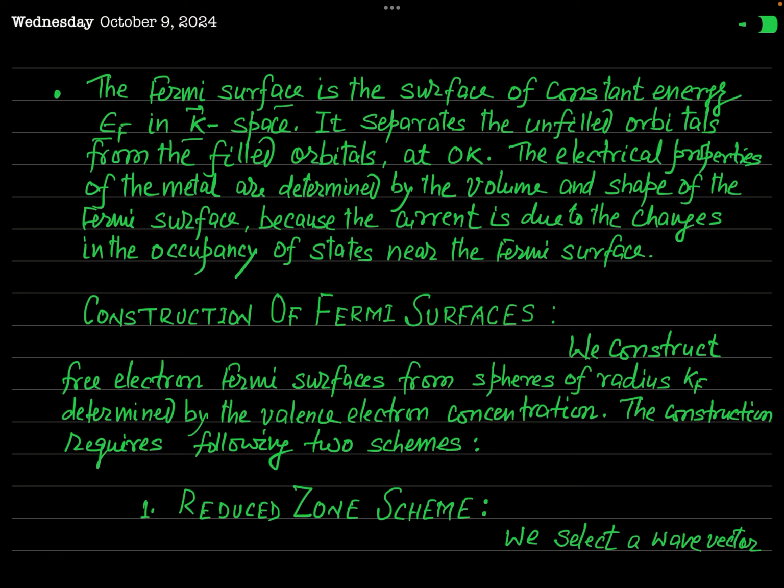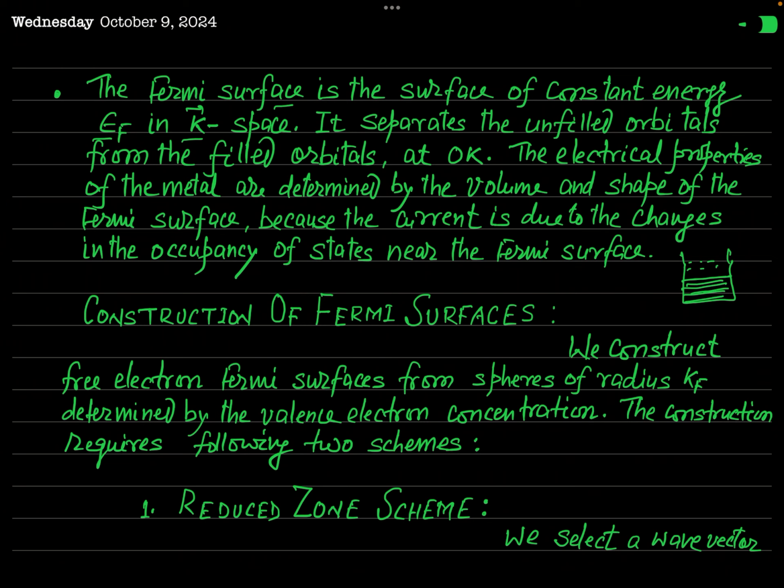Actually, when you talk about metals, in metals there are unfilled orbitals or unfilled energy levels. For example, if we schematically show a metallic specimen, below this level all the energy levels or orbitals are completely filled, and above this the energy levels or orbitals are empty, unfilled.